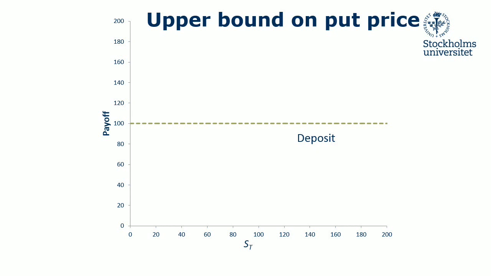And suppose that we compare this payoff with the payoff of a put option whose strike price is 100. What we immediately notice from this graph is that the payoff of the deposit will always be greater than the payoff of the put option.